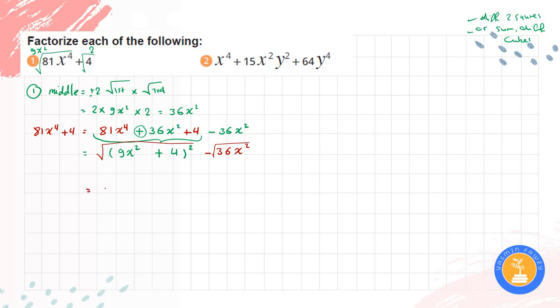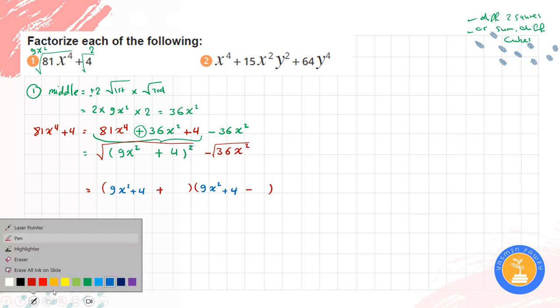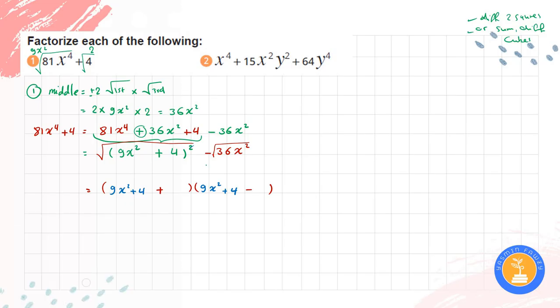Okay, in the difference between two squares, what shall we do? I will open two brackets. One of them will have the plus, and the other one will have the minus. Then the square root of the first is, I will cancel this square by this square root, 9x squared plus 2. And here will be the same first term, 9x to the power 2 plus 2, minus the square root of 36x squared, which is 6x, and here 6x.